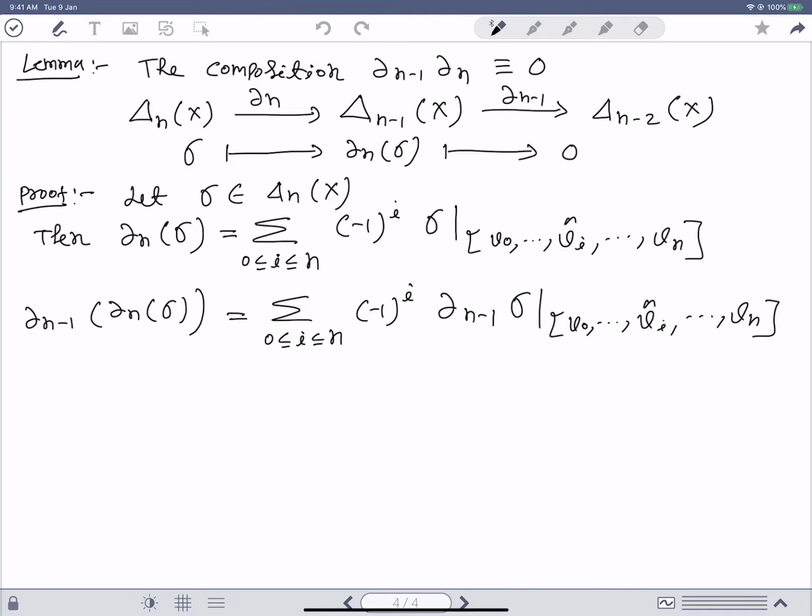First of all we have to understand how to apply this delta n minus 1. So we write these vertices explicitly, in this way: v0 up to vi minus 1, then vi is missing, then vi plus 1, and then up to vn.